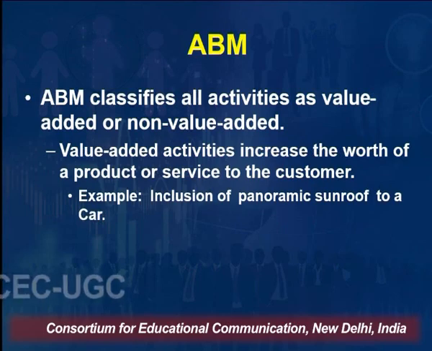I'm going to buy a car, and the automobile company I am resorting to offers me a panoramic sunroof. This is an added feature to the product. By simply adding that value, it makes the product attractive, or you can say the company is gaining some strategic or competitive advantage. So this is called a value added activity.